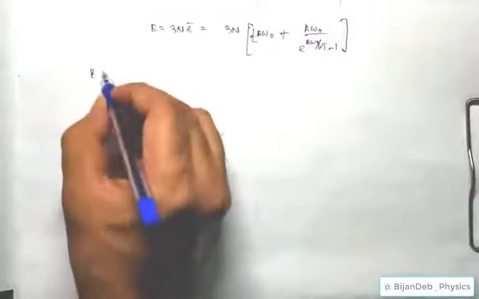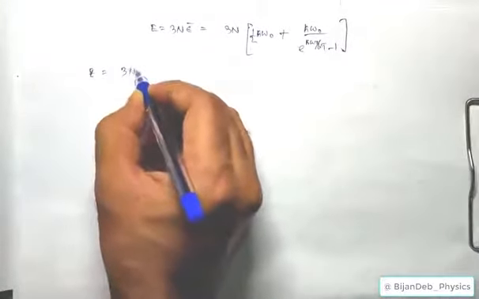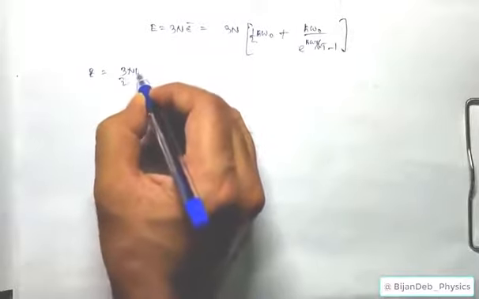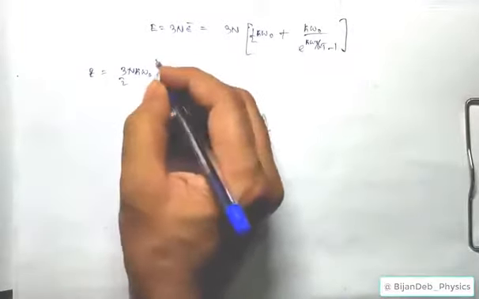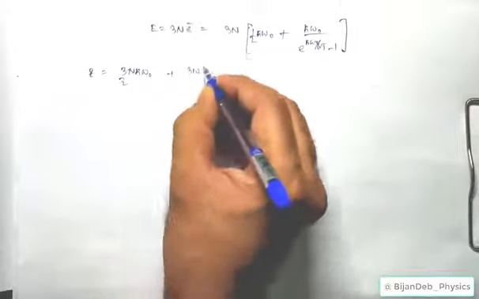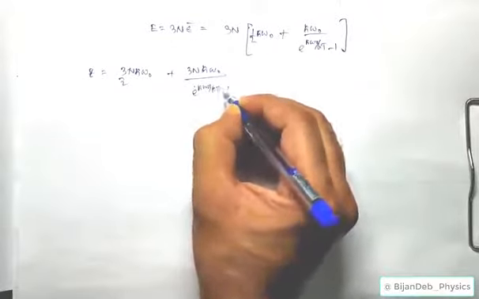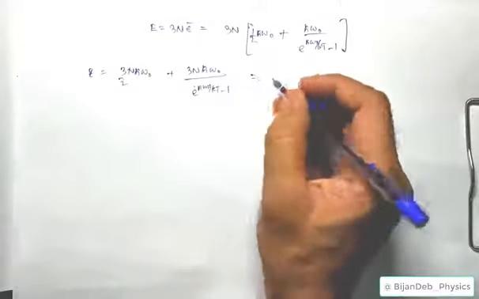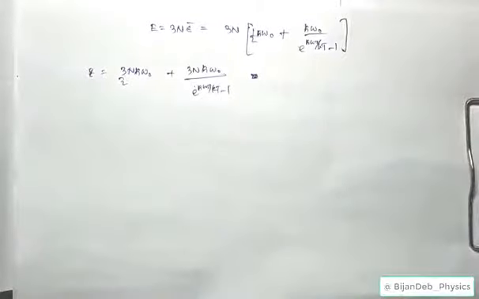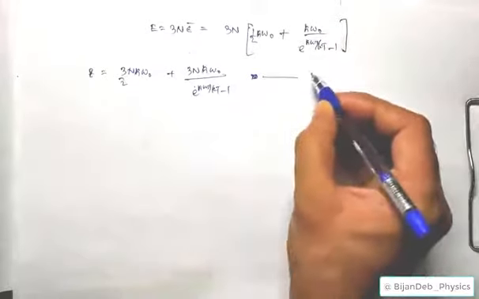You put it, so E will be 3 by 2 n h cross omega 0 plus 3n h cross omega 0 times the factor. So this is the expression for energy, so you can give it equation 6.